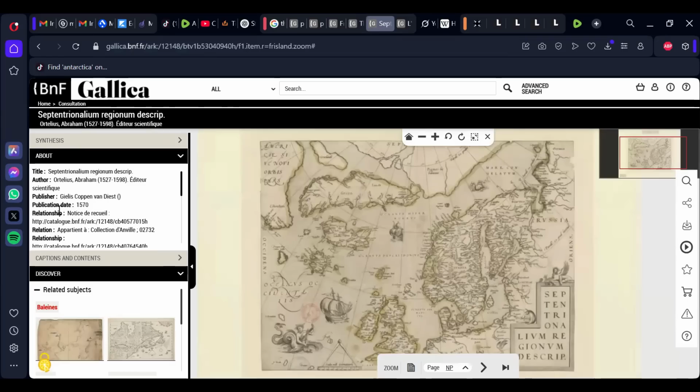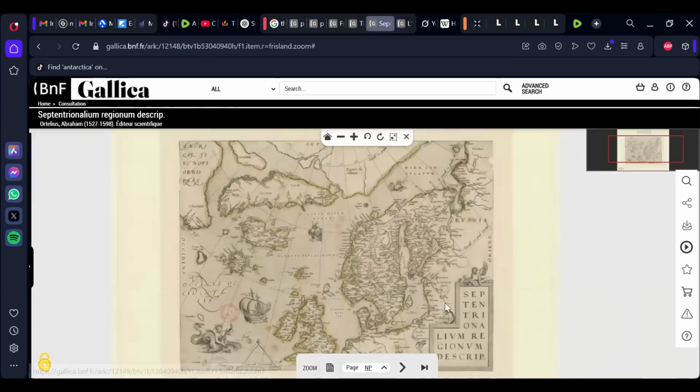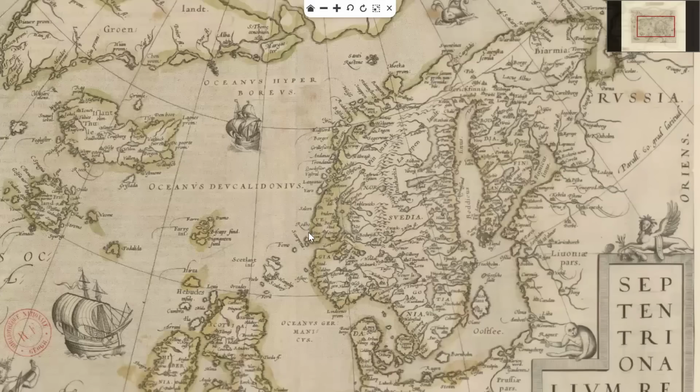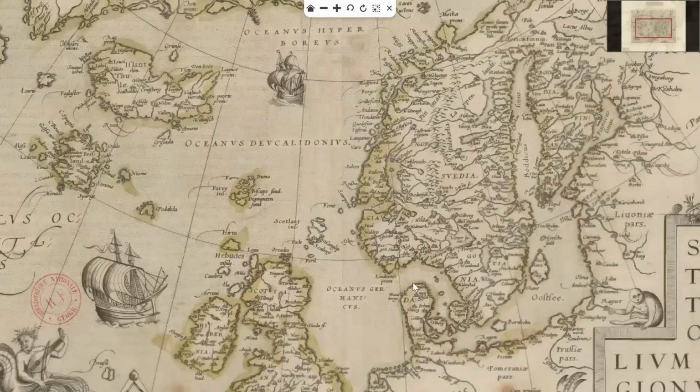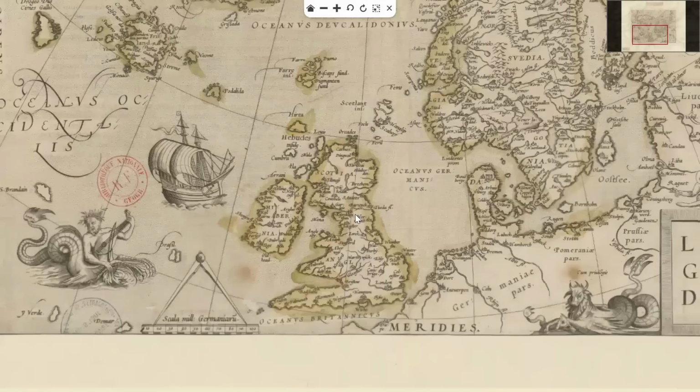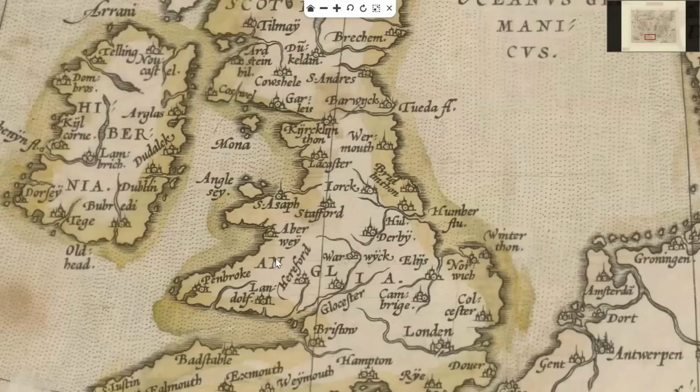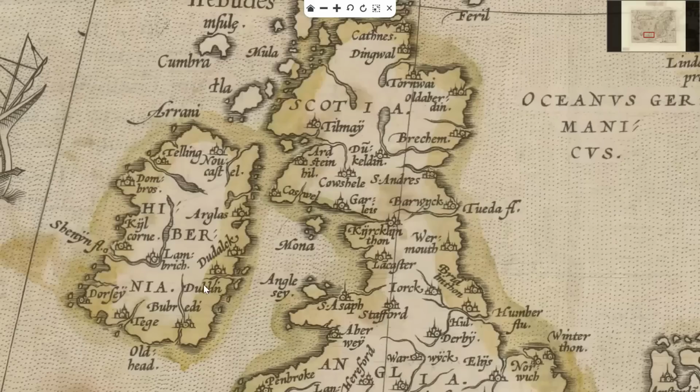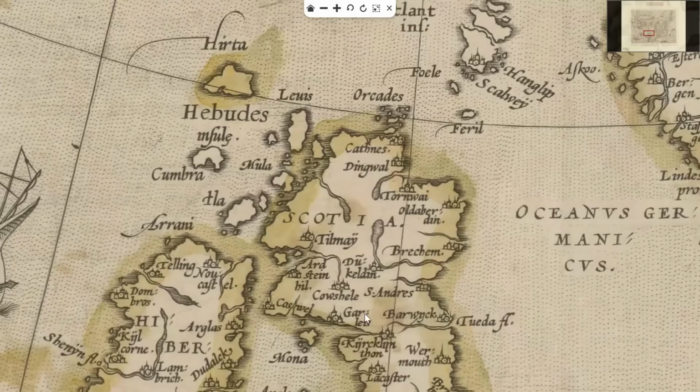Now here we have a map published in 1570. And this again shows the same area. So up here we've got Sweden, Europe, and here we have the UK. So we've got Anglia, England, Hibernia, Ireland, and Scotia.